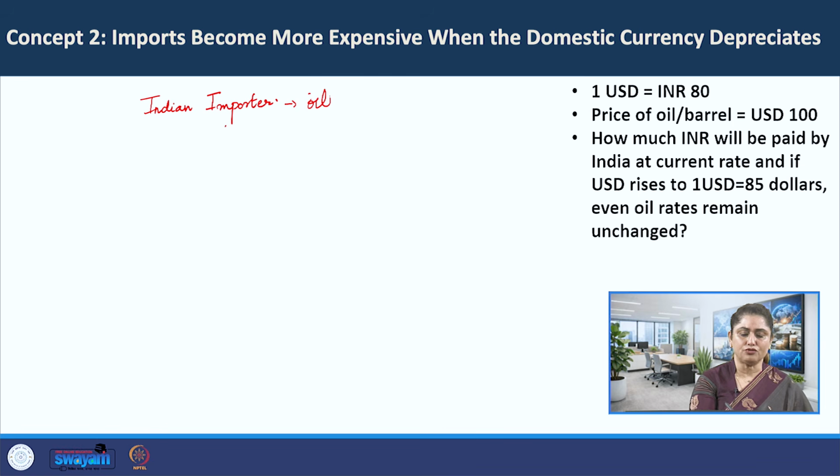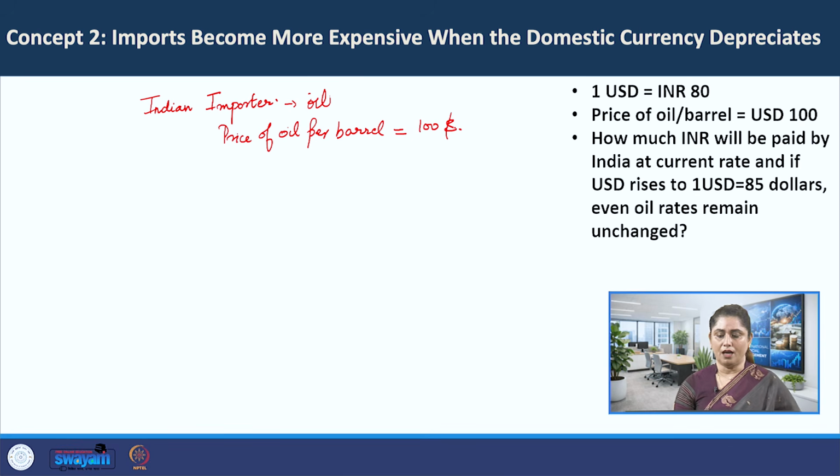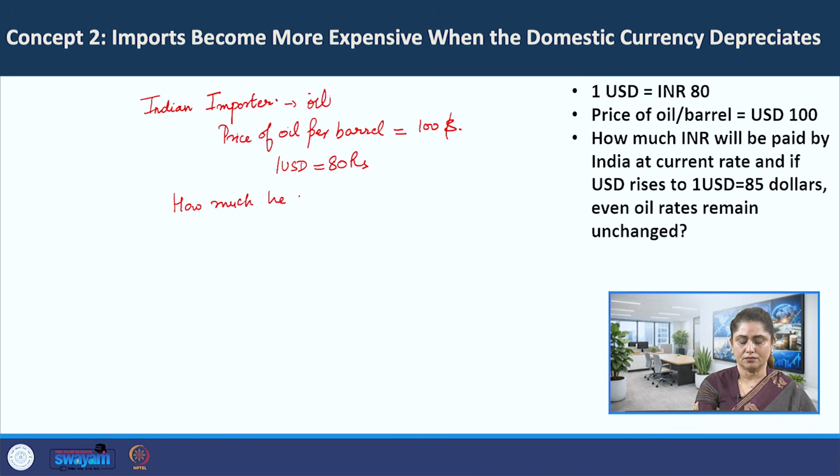Now, there is a price of oil per barrel which is given to us as $100. Fine. Now, suppose $1 is equal to 80 rupees, then how much will he pay? He will pay 80 into 100, which is 8,000 rupees.